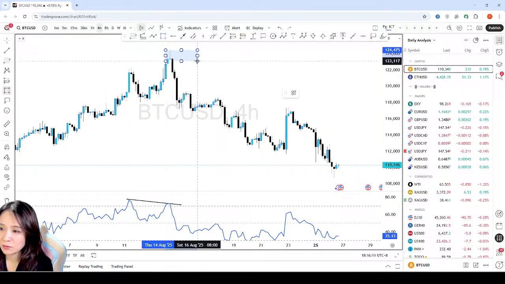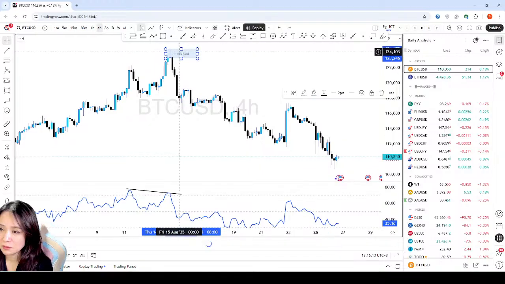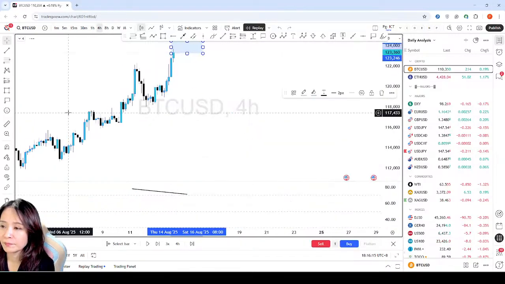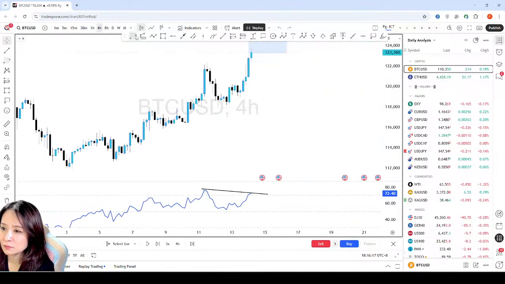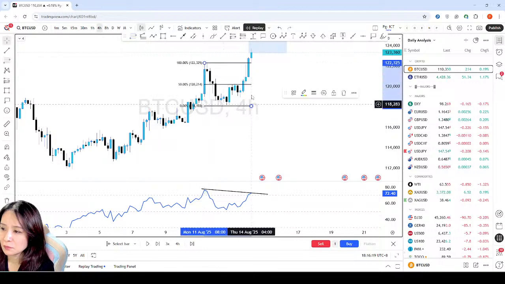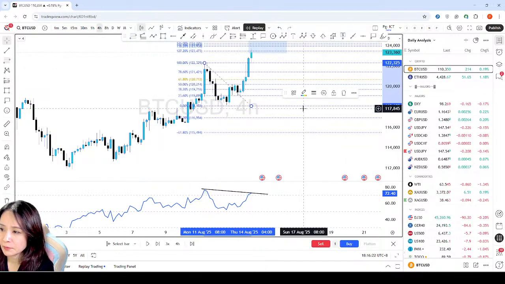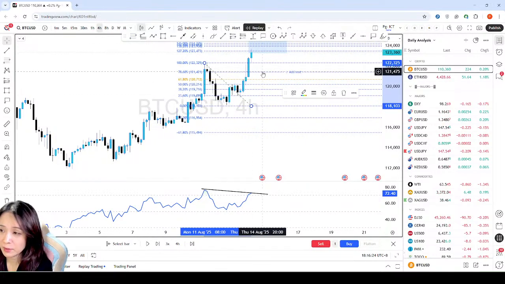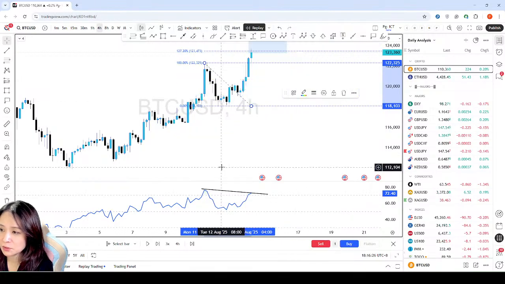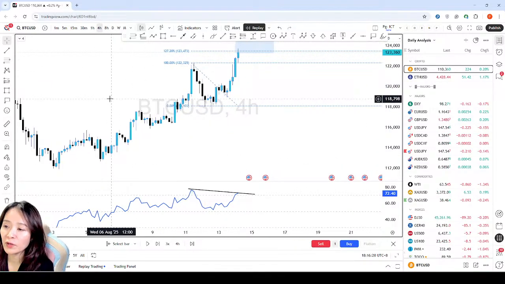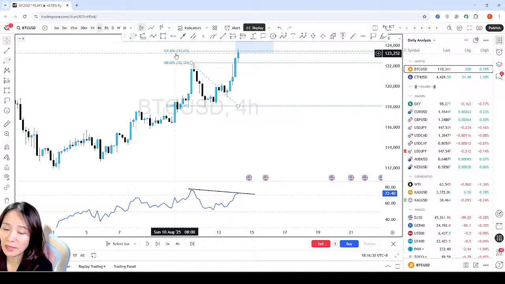Let's say we're going to look for this entry on the lower time frame, and this level is exactly the 127 extension. We're going to put it at 127, and we want to know whether price is going to respect this extension or not.